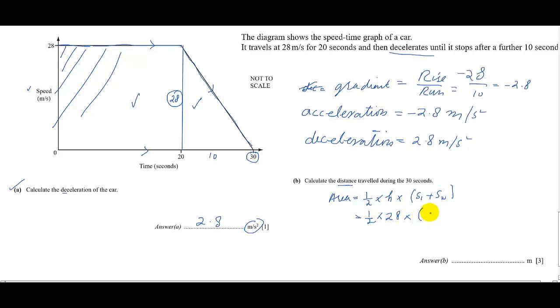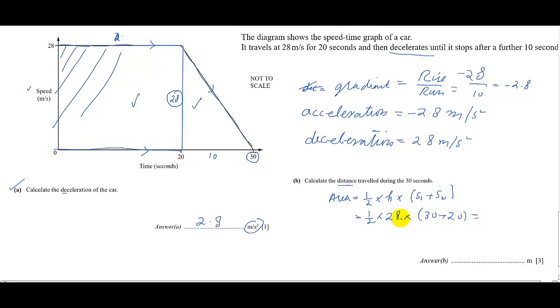Sum of parallel sides: the first side is 30, the length of this side is 30, and here this length is 20. Sorry, this 20 is from here to here. So 20.